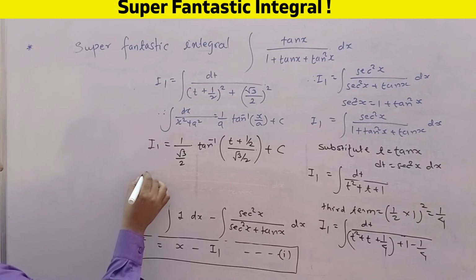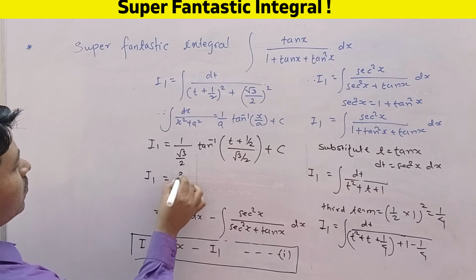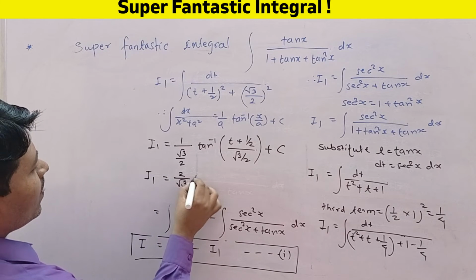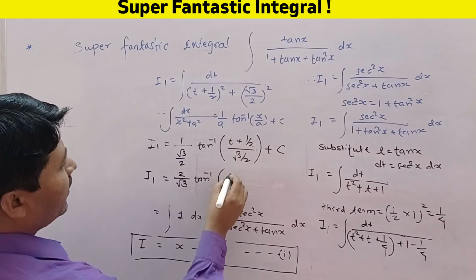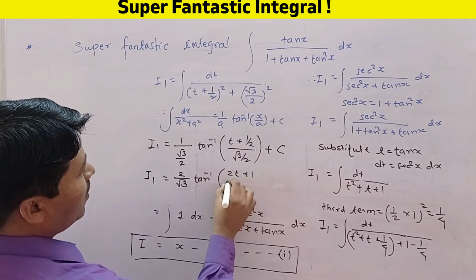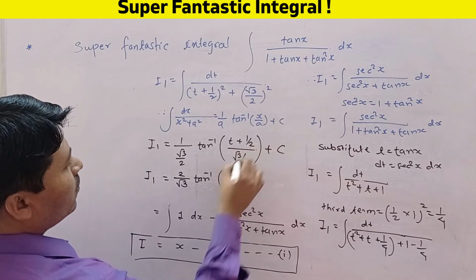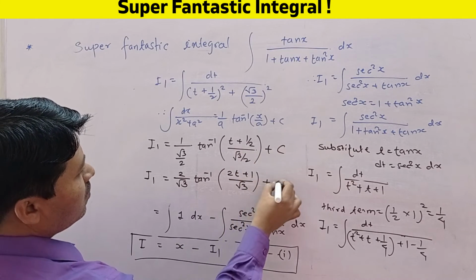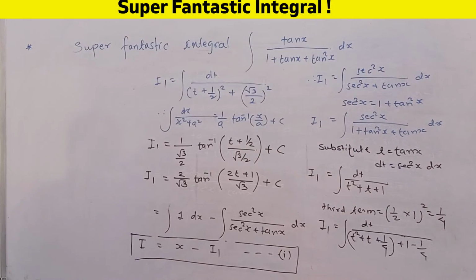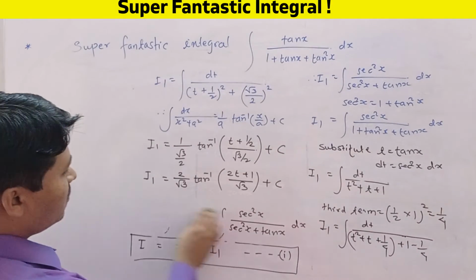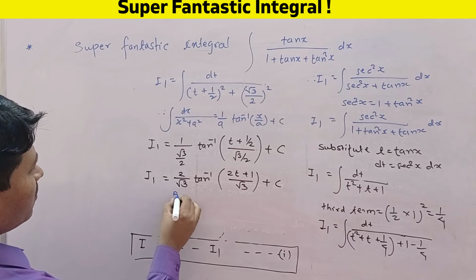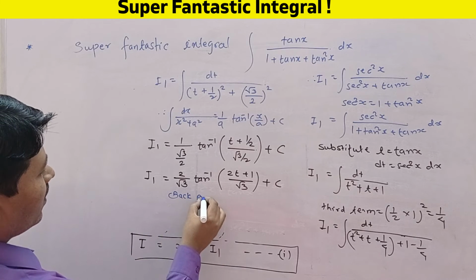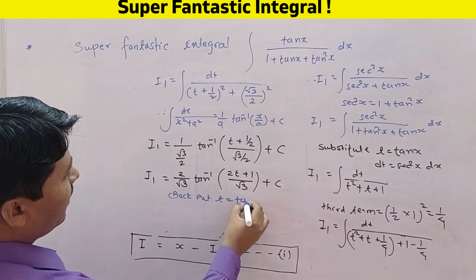Finally I1 is equal to 2 upon root 3 tan inverse of 2 times t plus 1 divided by root 3, where the 2 cancels, plus c, the constant of integration. Now back substitute t is equal to tan x.